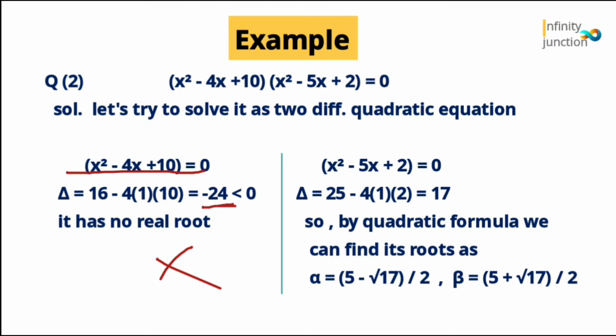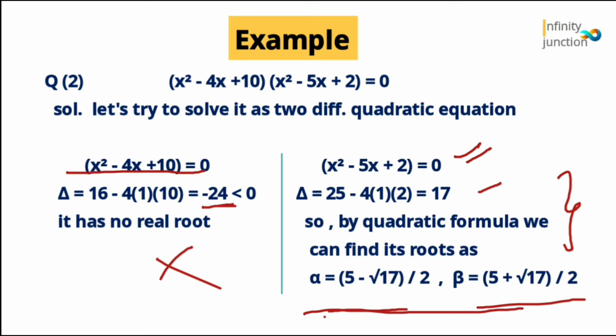Now if you solve x square minus 5x plus 2 equals 0, the discriminant is 17. By the quadratic formula, the roots are alpha equals 5 minus root 17 by 2 and beta equals 5 plus root 17 by 2. So these are the solutions to this equation.